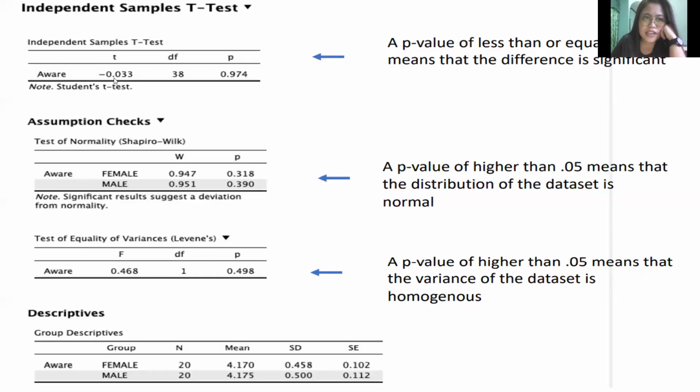This one. So this is the interpretation when we use software. In software class, you don't need the t-score, you don't need the table. All you need to look at is the p-value.